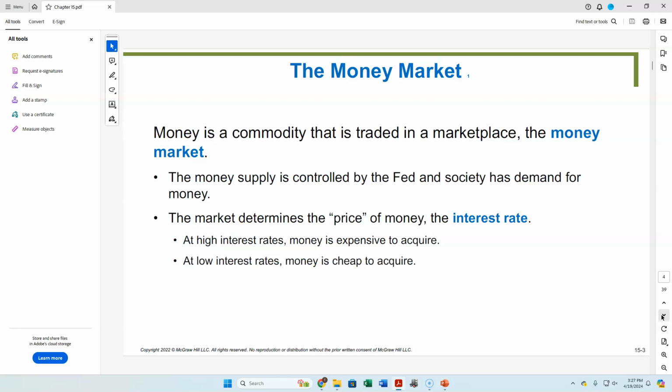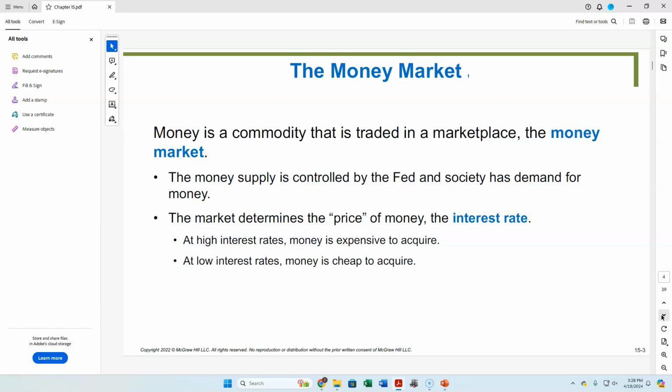Right? So you've got savers and borrowers who need to be incentivized to either lend out their money to those who need it. That price that we pay for the money is the interest rate.